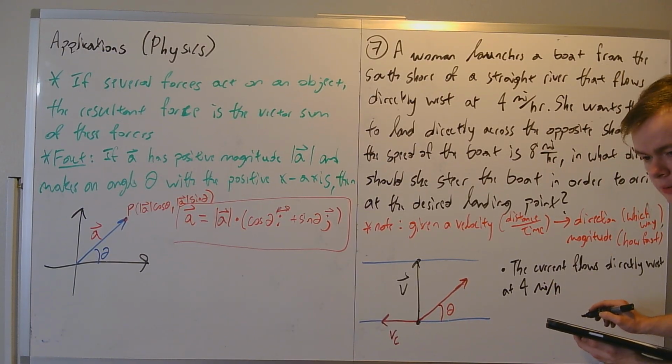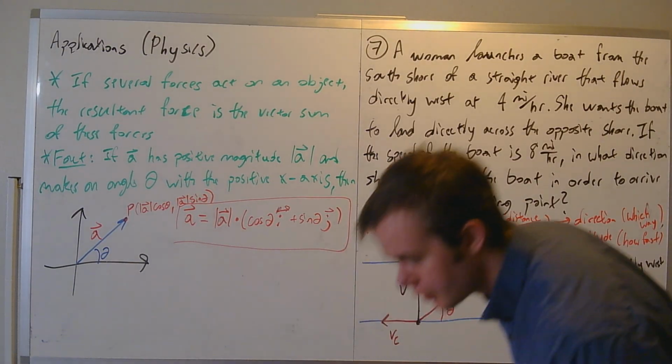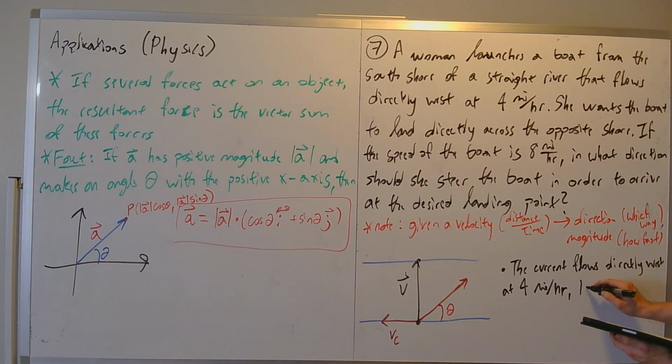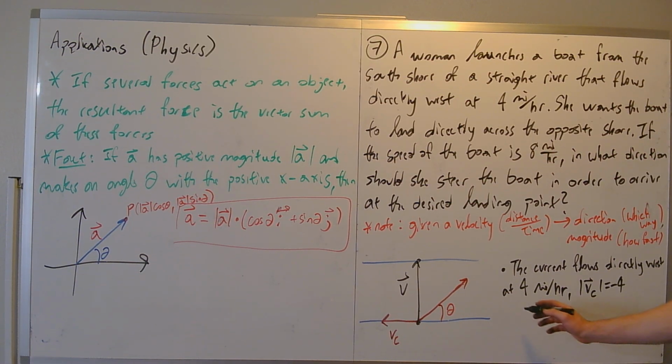So what that means is the magnitude of the vector for current is going to be equal to 4, right? And it's in the west direction, so we can say that the magnitude is going to be -4. It's in the negative direction.